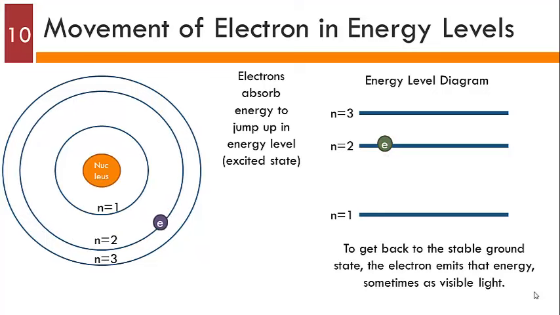To get back to the stable ground state, the electron needs to re-emit that energy. And sometimes, depending on the amount of energy that is emitted, we might see it with our eyes as visible light. So when emission occurs, that electron emits energy and returns down to the ground state.